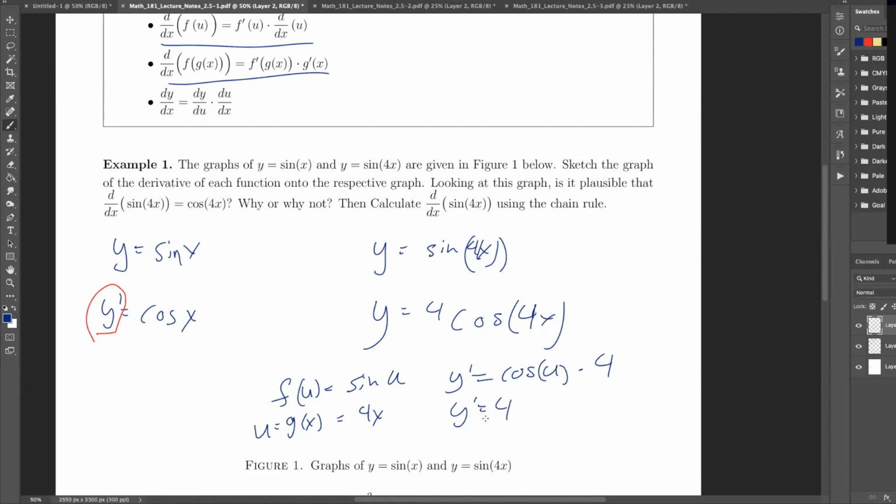If we put the 4 up front and replace u back with 4x, we get 4 cosine of 4x.